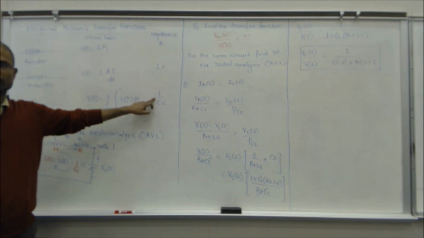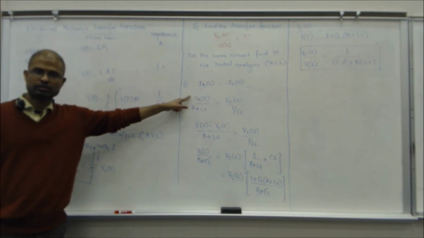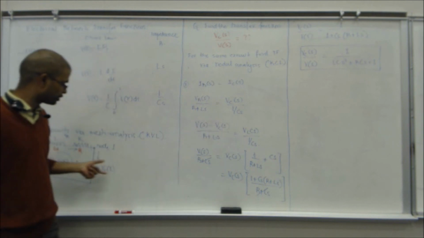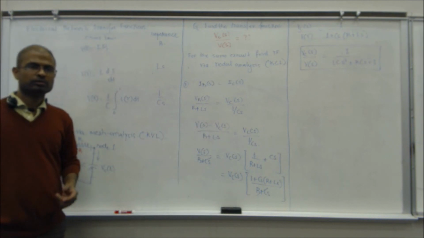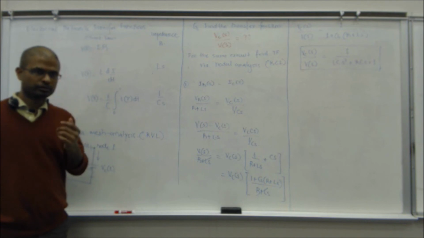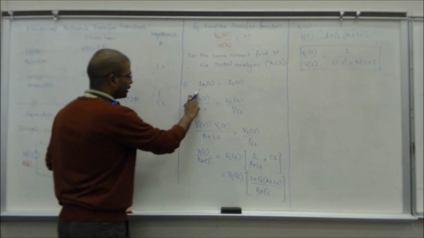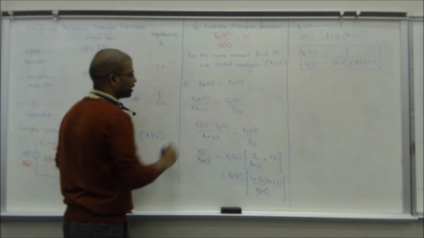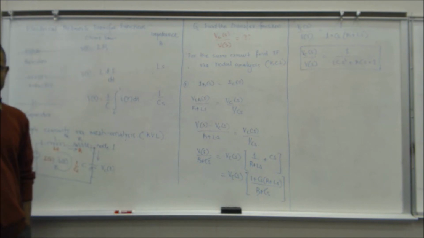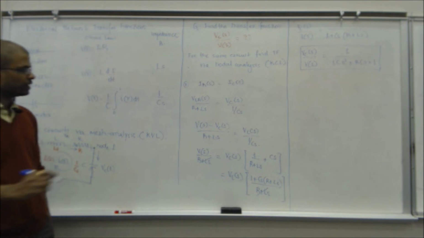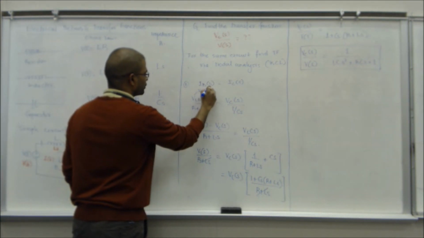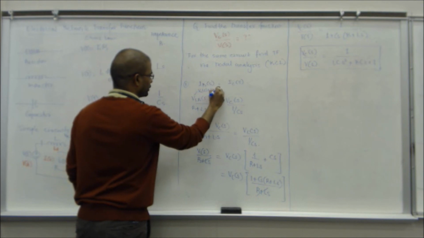Alright? But what is VR? VR is input minus whatever voltage is being output. I can write this as VLR if that makes more sense. This is nothing but VL(S) plus VR(S).